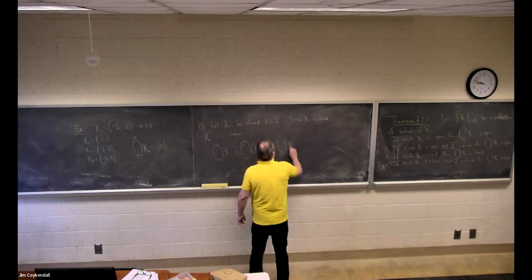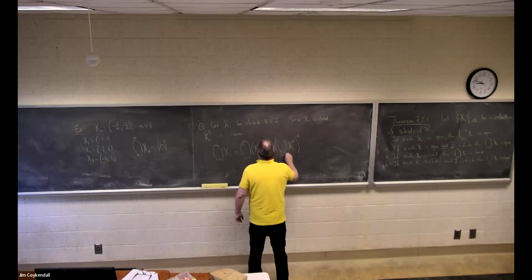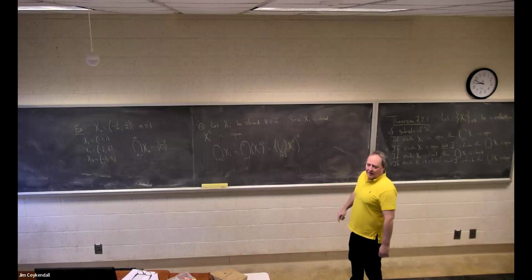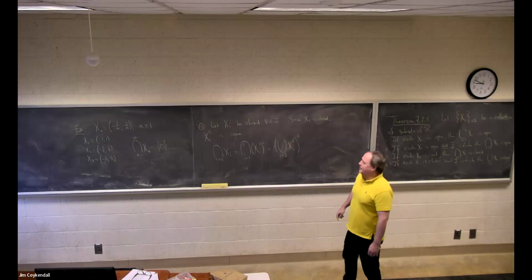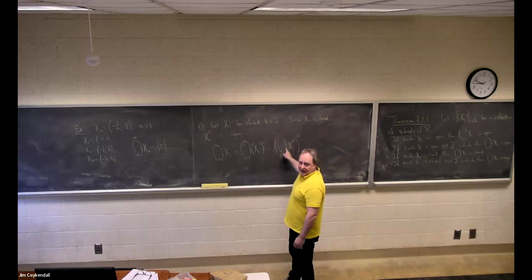How do I go from here to here? Y'all remember proving this earlier with De Morgan's laws of set theory, right? The complement of the intersection is the union of the complements. What is this?